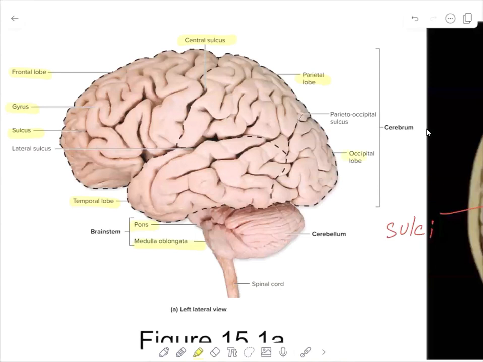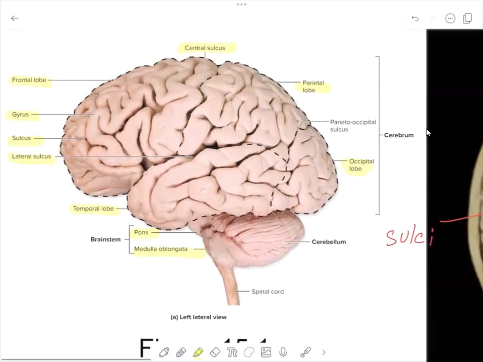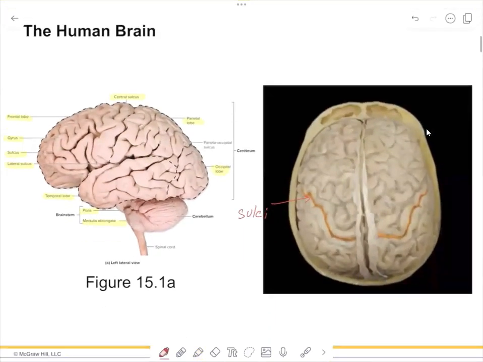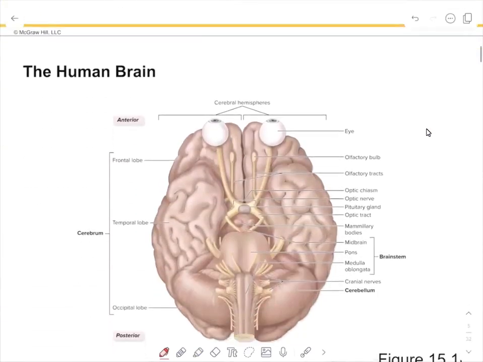Also, the most posterior lobe, or caudal lobe, is the occipital lobe. Another really important sulcus to know is the lateral sulcus. The image to the right is a cadaver image with the central sulcus highlighted.